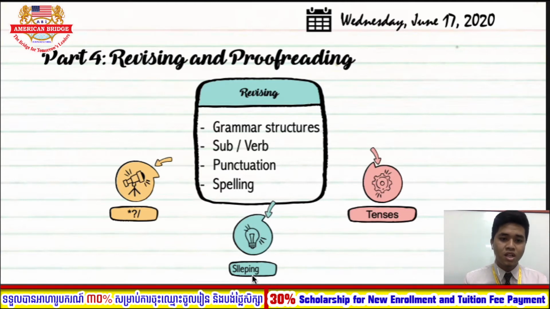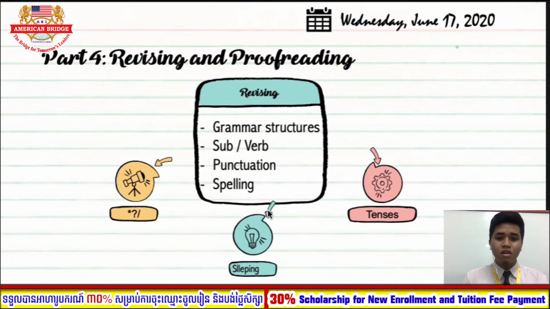As you can see, the word spelling is mistyped, so this is not the right way. Without revising and proofreading again, there will be no way to see this mistake. So after you finish your writing, make sure you read it again carefully. Look at the grammar structure, for example, tenses. Look at the punctuation and look at the spelling.